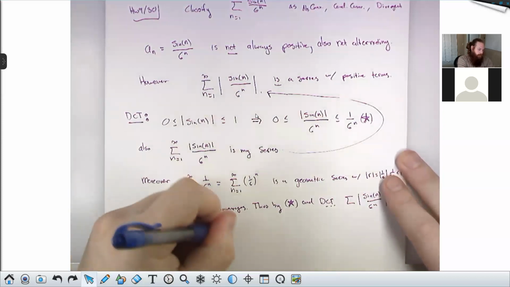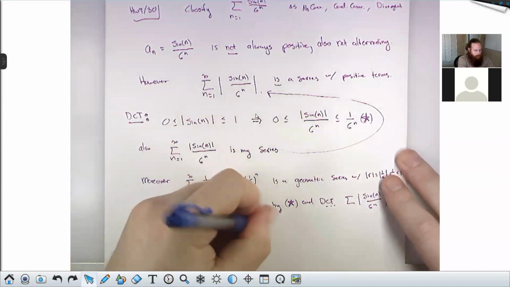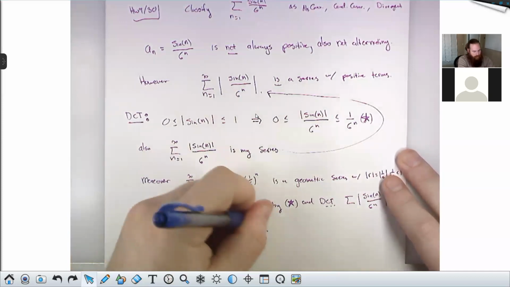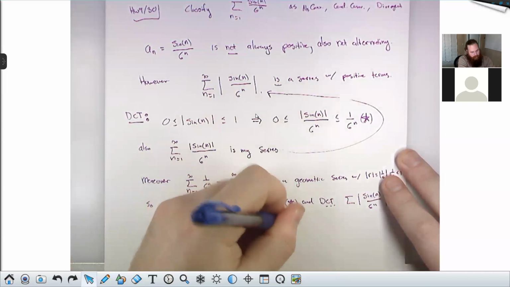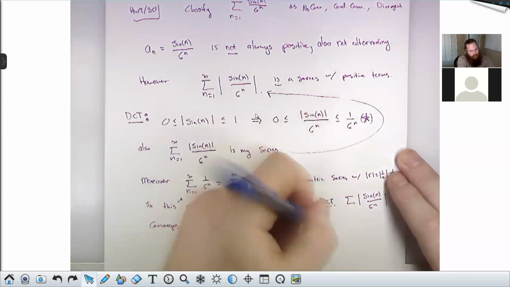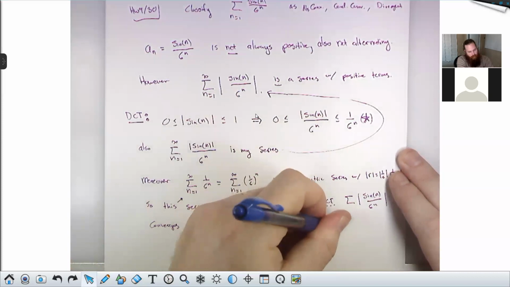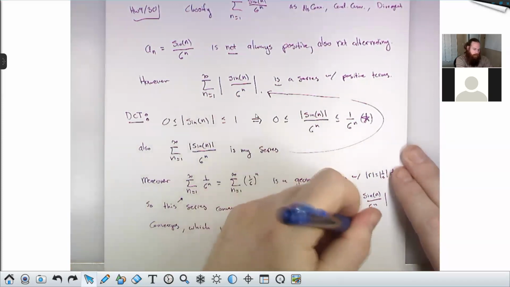Which means the given series, sigma n from 1 to infinity sine n over 6 to the n, converges absolutely.